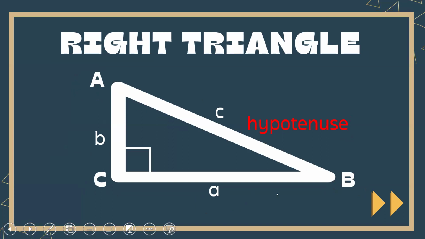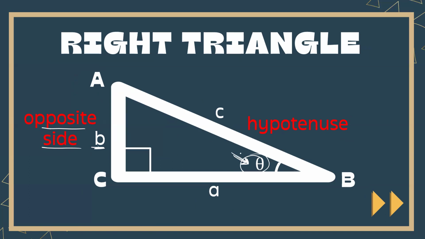Now, if you have the hypotenuse there and we consider this angle theta of the triangle, then with respect to the angle theta, side B is the opposite side of angle theta.